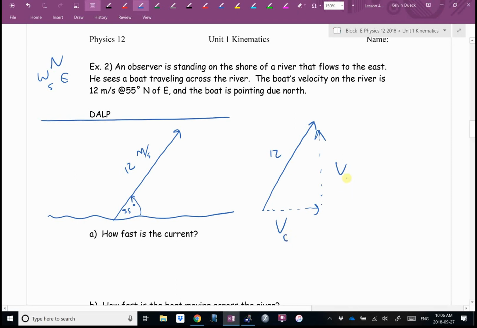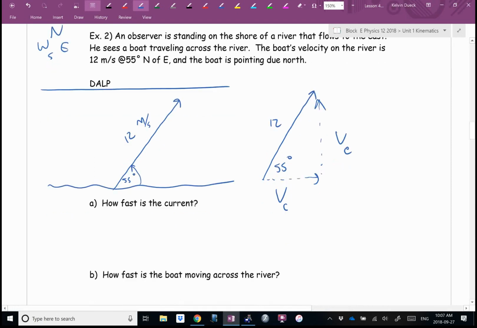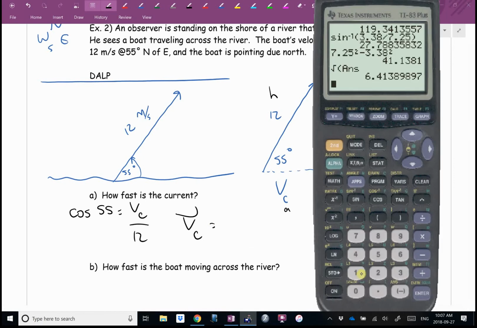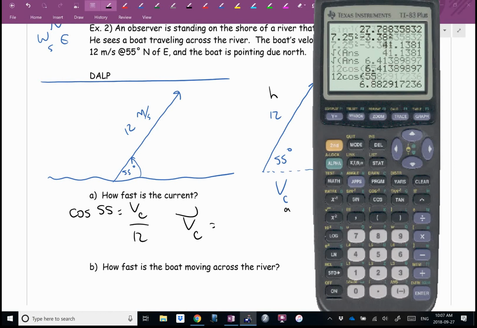And we said that this was the engine velocity. How fast is the current? Adjacent, hypotenuse, cos 55. You get 6.88.